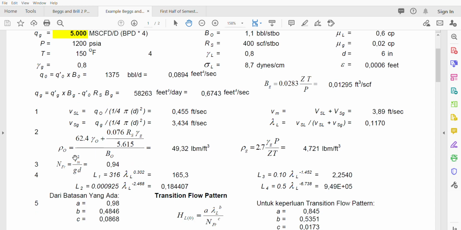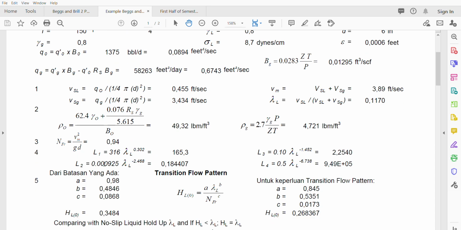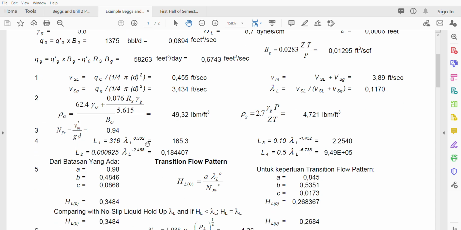And then we calculate N_FL, and then we end up with, okay, we have a transition flow actually after we see this condition.